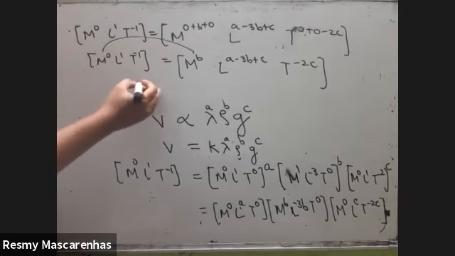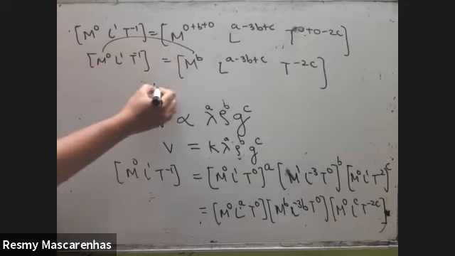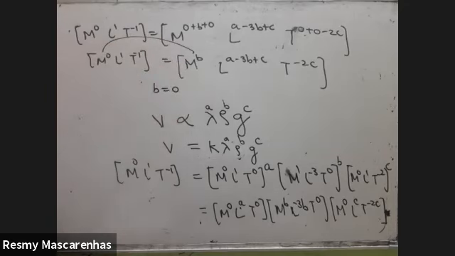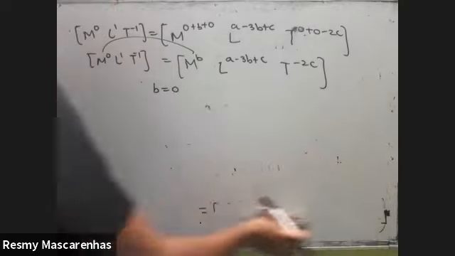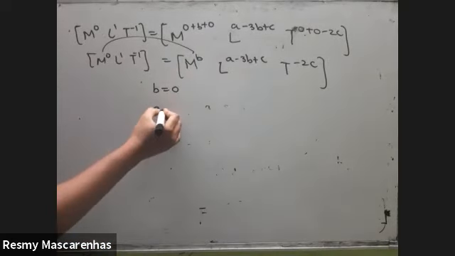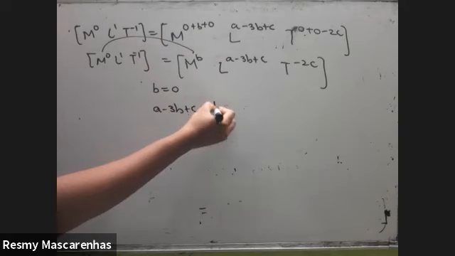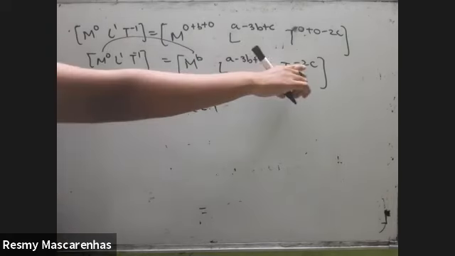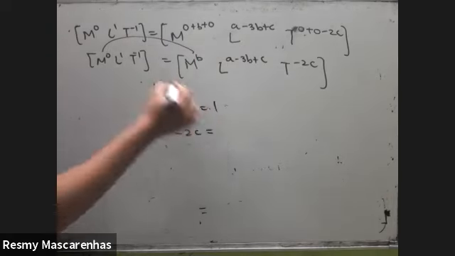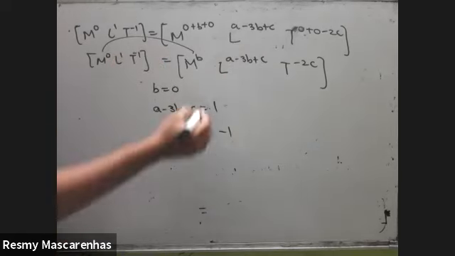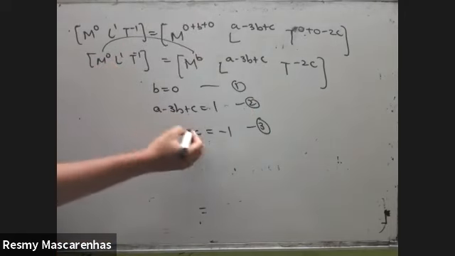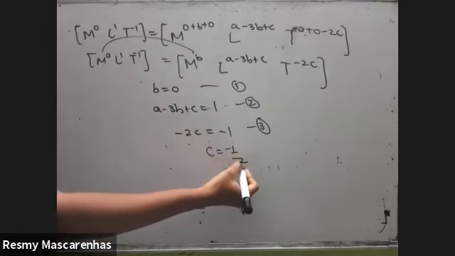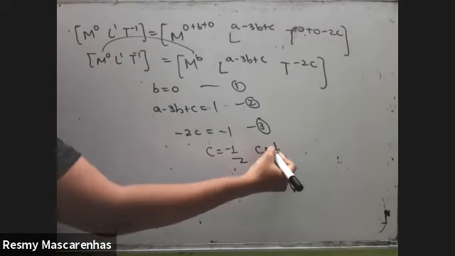M power to M power. This is a simple one. A and then minus 2C is equal to minus 1. This is equation 1, 2 and 3. From here what you'll get, C is minus 1, so C will be 1 by 2.